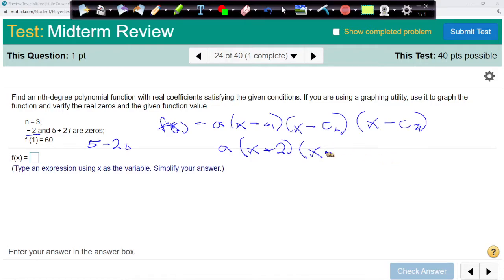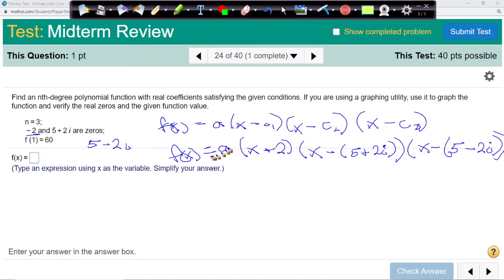Okay, so then we get minus 5 plus 2i times x minus 5 minus 2i. And that's what f of x is.